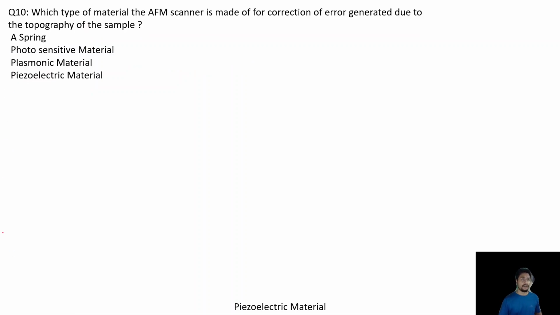Which type of material is the AFM scanner made of, for correction of error generated due to the topography of the sample? I already said, this is the photodetector. Some error is generated due to the topography.